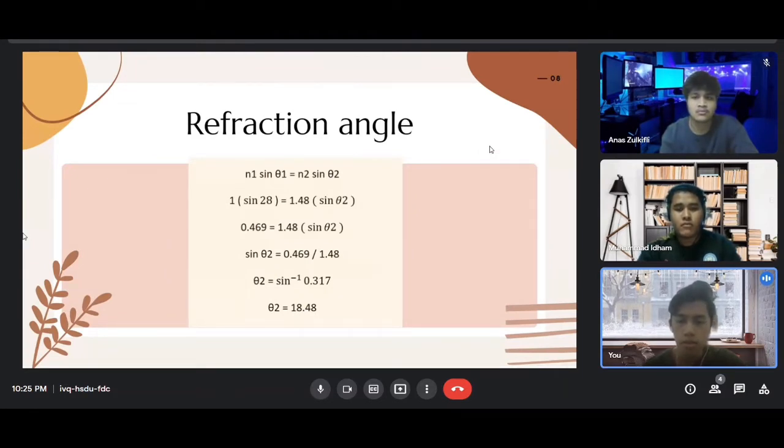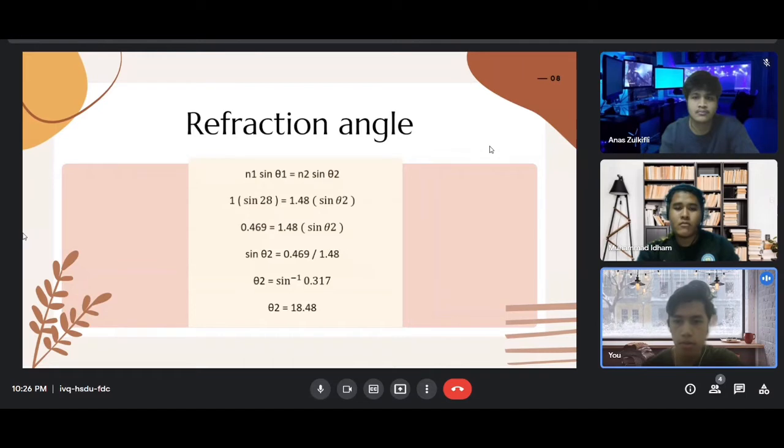Based on the formula given, n1 sin θ1 equals n2 sin θ2. n1 is 1, and then sin 28 degree equals 1.48 sin θ2.